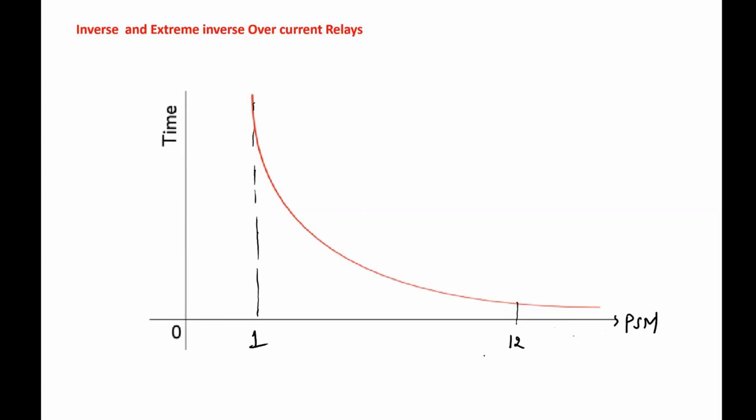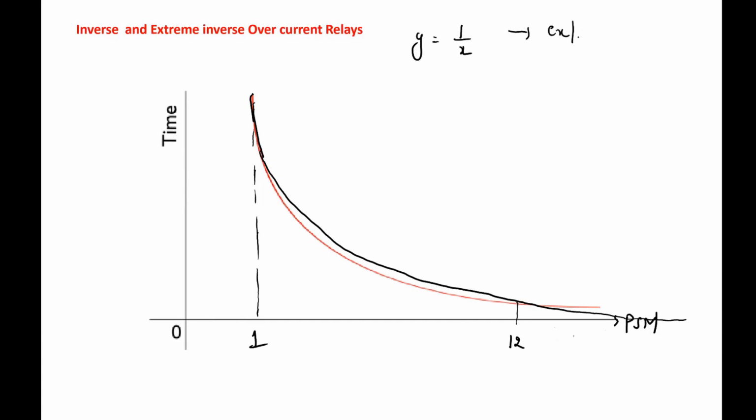What is the extreme inverse relay? Extreme inverse relay is the y equals 1 by x curve, an exact inverse hyperbola. If you can plot an exact inverse hyperbola, that is called extreme inverse relay. That means once after crossing the pickup value, if your curve just maintains that inverse going on, this will become extreme inverse.